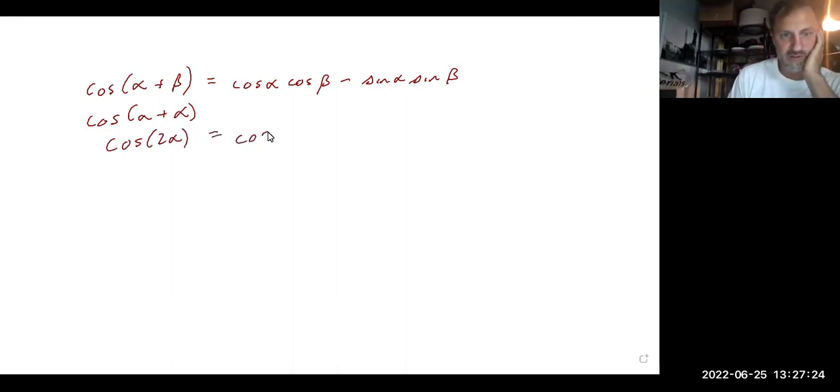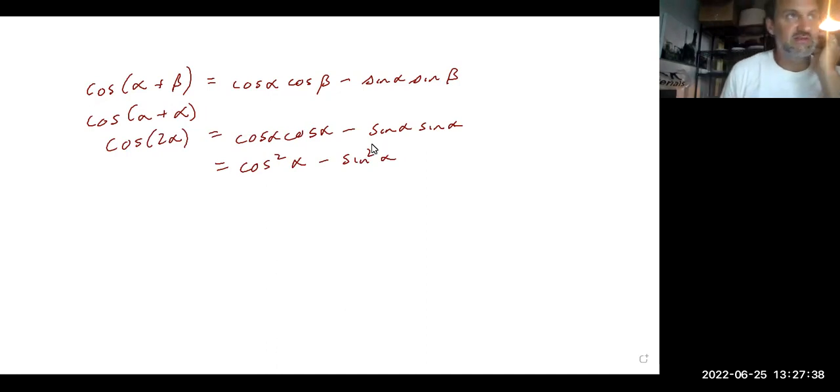So I've got cosine alpha times cosine alpha minus sine alpha times sine alpha, and that makes cosine squared alpha minus sine squared alpha. Sometimes you'll see this substituted in terms of... we know that sine squared plus cosine squared equals 1.